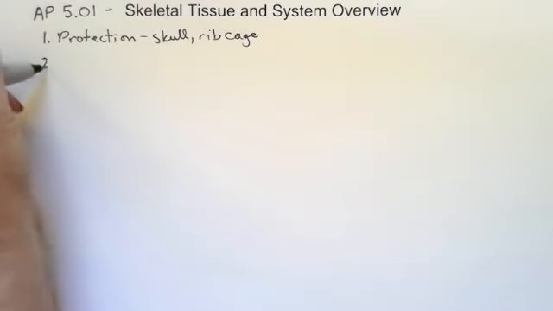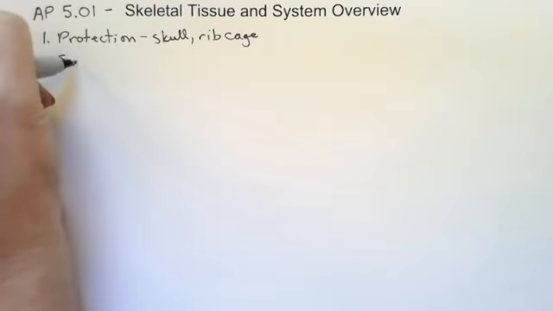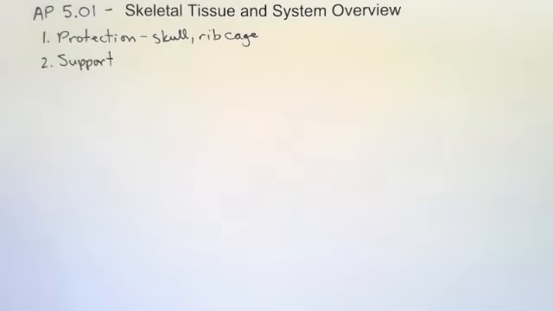Did you think of support? Your skeleton is what gives you the rigidity to be upright. Other organisms use different schemes for this. Insects have an exoskeleton, so their skeleton's on the outside.